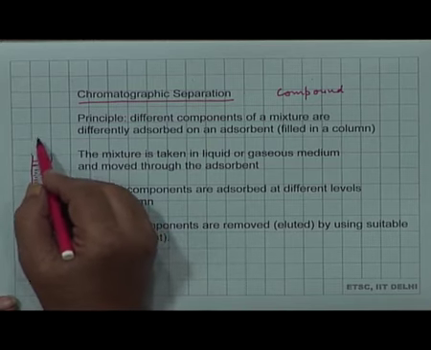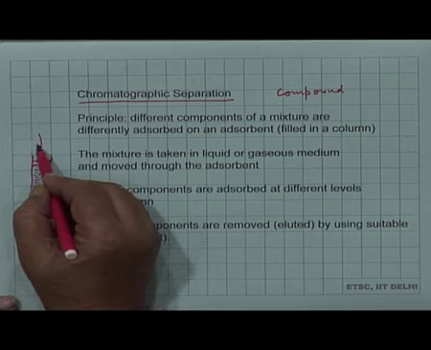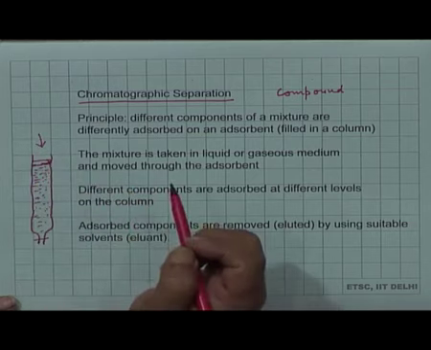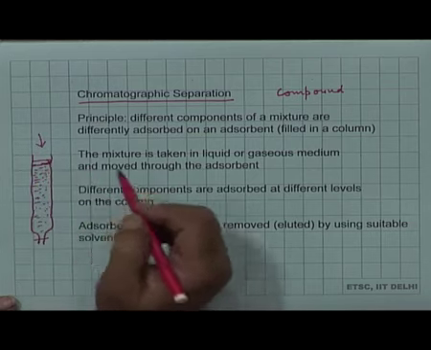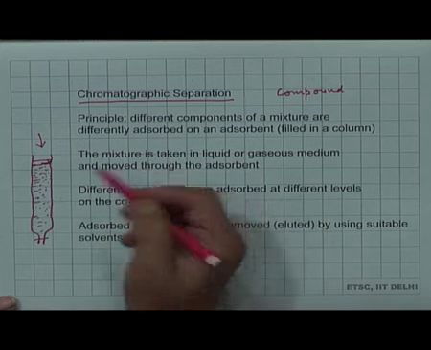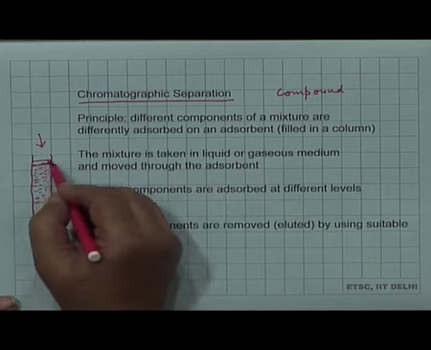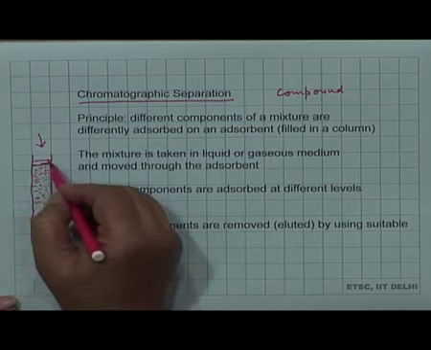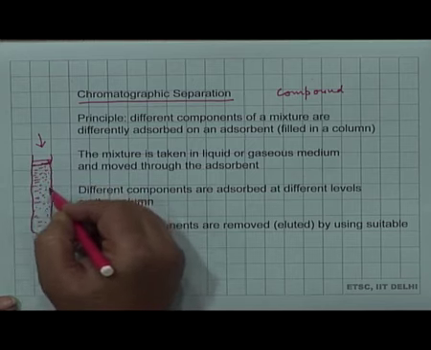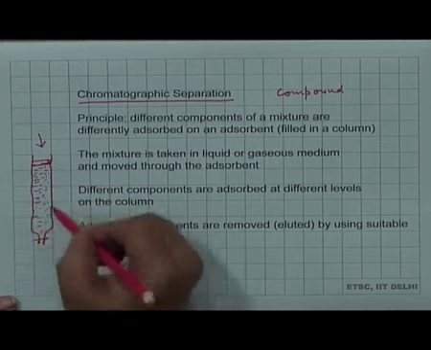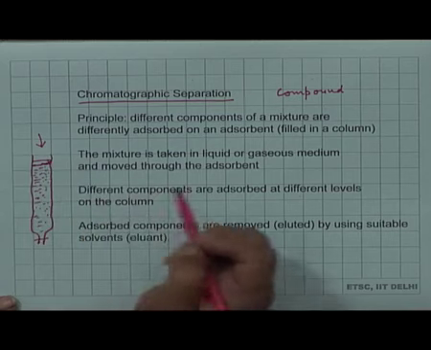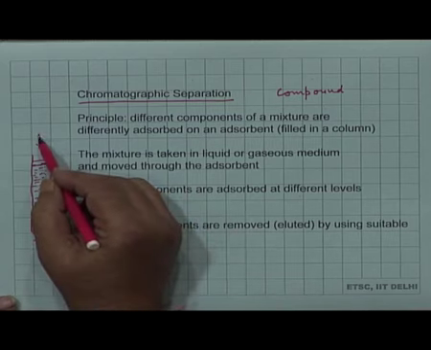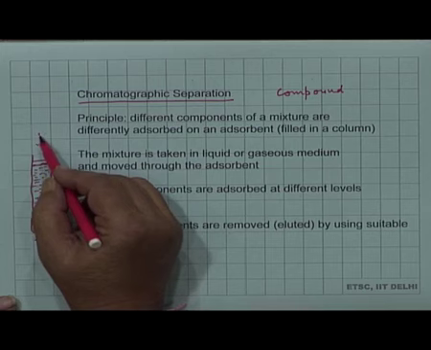Then the solvent, which is also called eluent, or a gas if these compounds can be volatilized or kept in a gaseous state when this column is heated, is passed through. Generally it is done with a liquid or solvent.